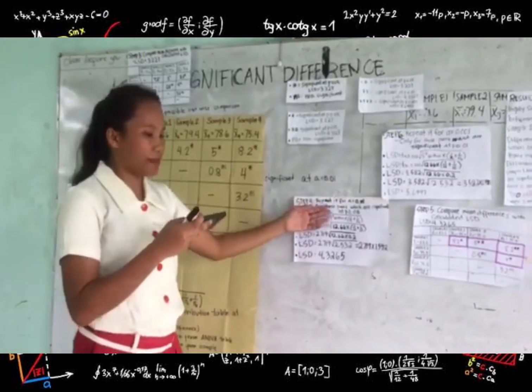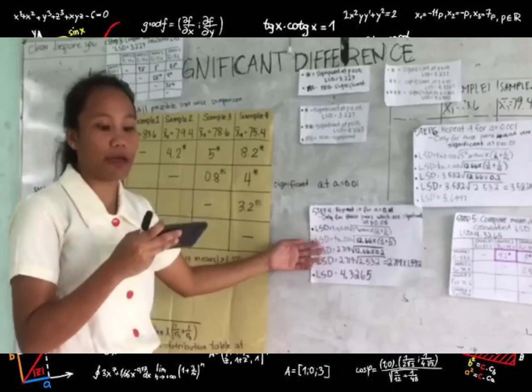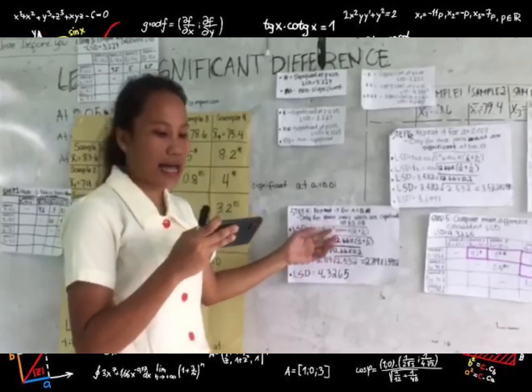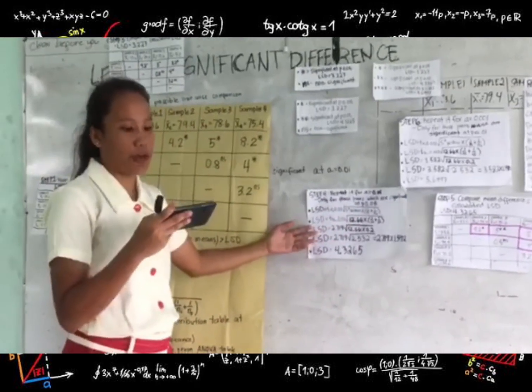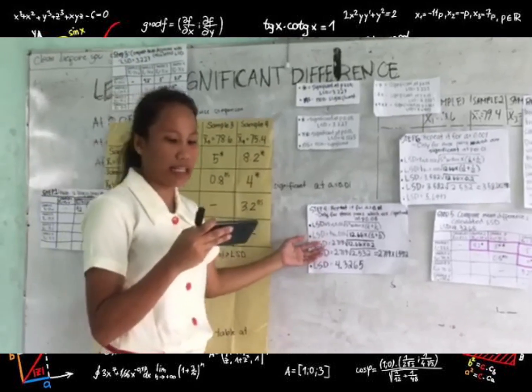For step 4, repeat it for the significance level of 0.01, but remember that this has to be done only for those pairs which are significant at the 0.05 probability level.